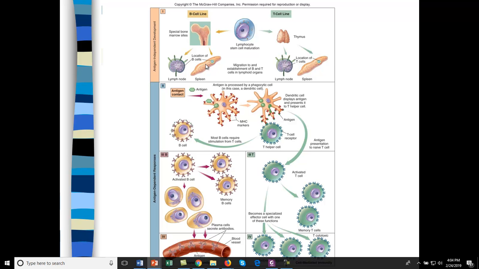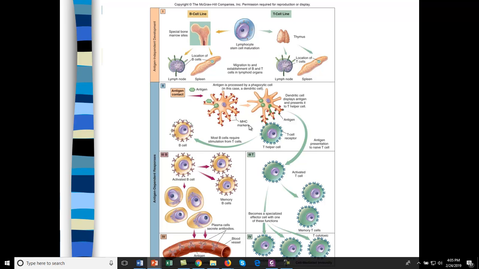Okay? And then we have a phagocytic cell. That can be a macrophage, it can be a dendritic cell, it can be a neutrophil. These are dendritic cells. And these phagocytic cells are undergoing phagocytosis, and they have little markers on them, these little Y-shaped molecules. They're called MHC markers.